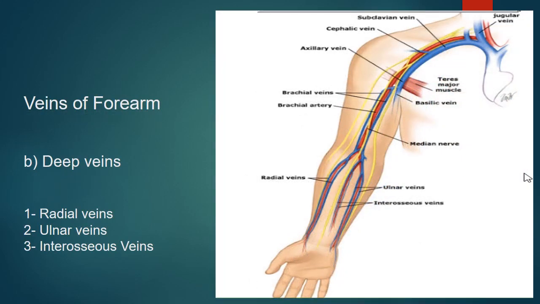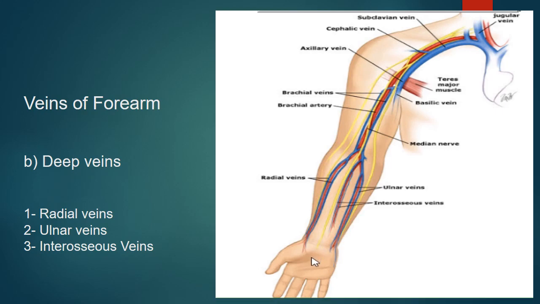Then we have the deep veins in the forearm, which accompany their corresponding deep arteries. We have the radial veins, ulnar veins and interosseous veins. Just like the arteries which form the superficial and deep palmar arches in the hand, we have the deep venous palmar arch in the hand as well.